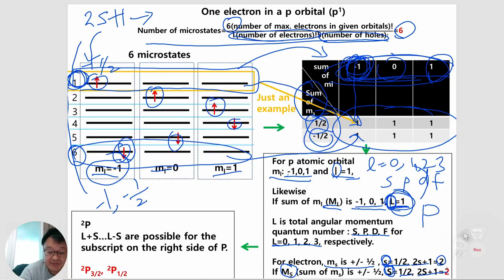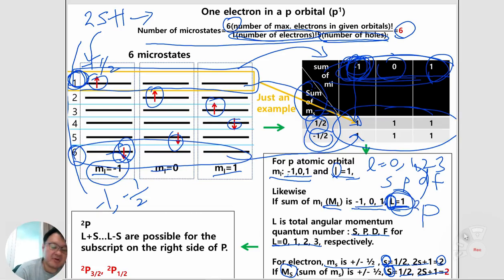Spin multiplicity is 2 in this case, so this 2 should go to the upper left side. So we come up to this kind of symbol from the capital L and capital S provided from this table. Now we have the J value.